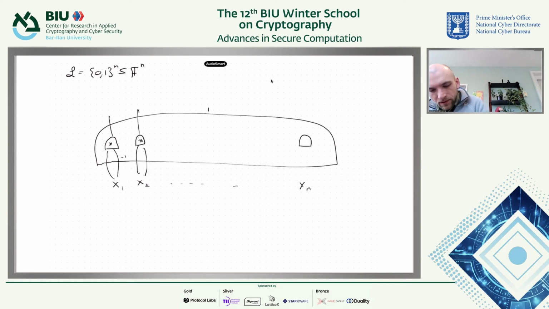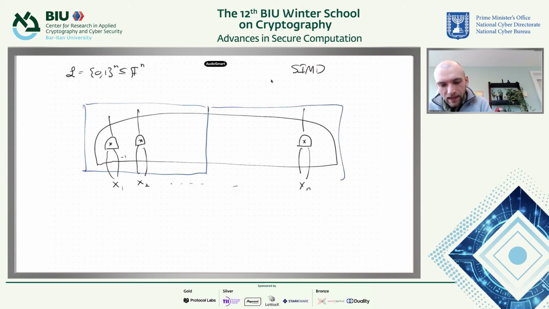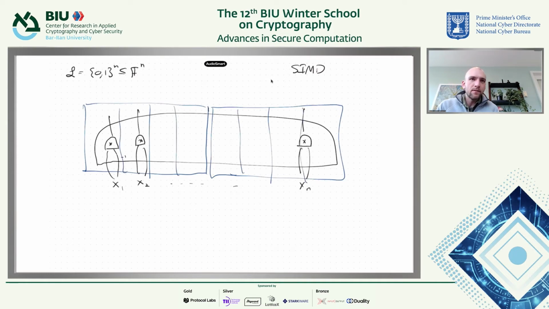You can think of this as a SIMD circuit, same instruction, multiple data. If you look at half of this circuit, the left half and the right half are doing exactly the same thing. And if you chop it again, you'll see that each of these quadrants is computing exactly the same function, with exactly the same structure. Any circuit that has this kind of structure is amenable to this recursion. Another type of circuit is if the circuit is low degree, in particular degree 2, you can always coerce it into this form.